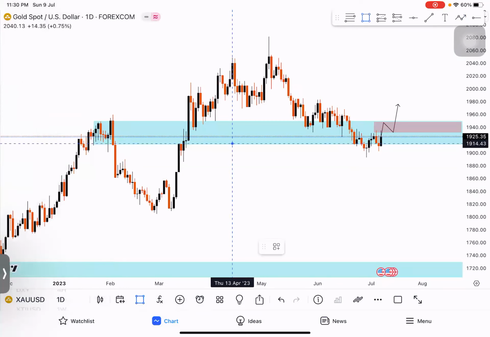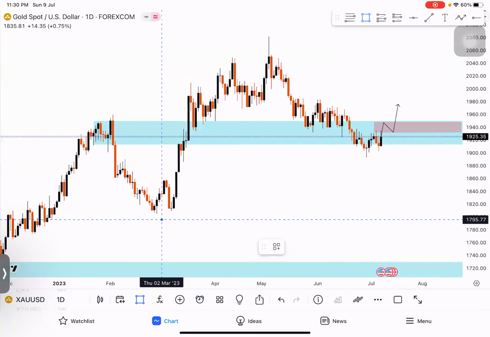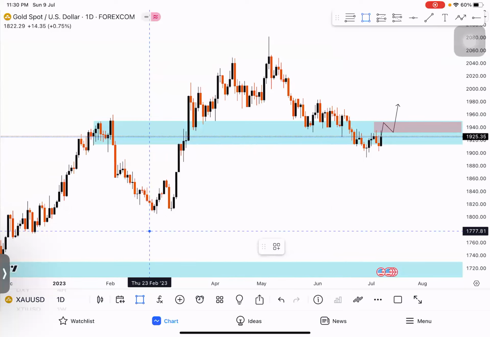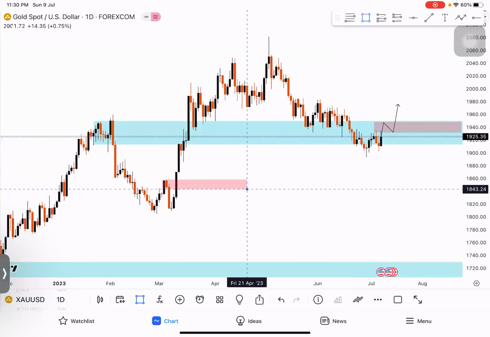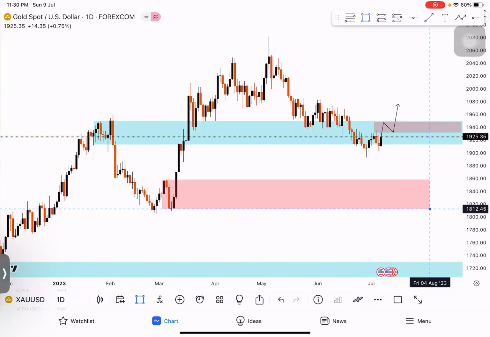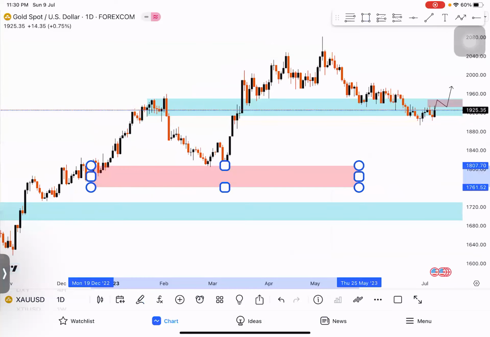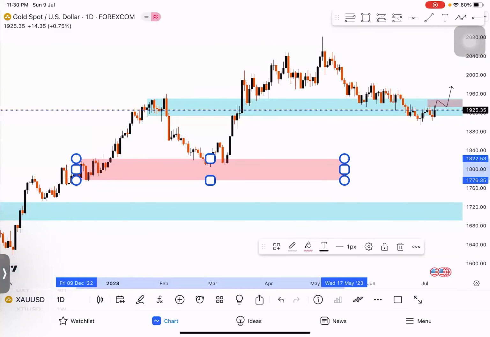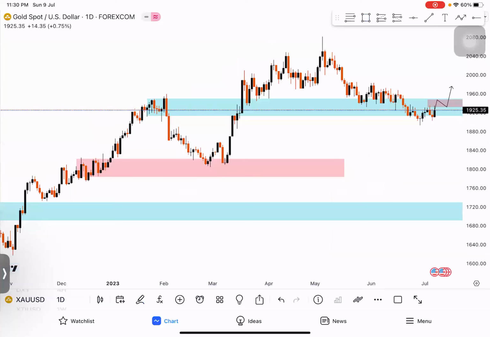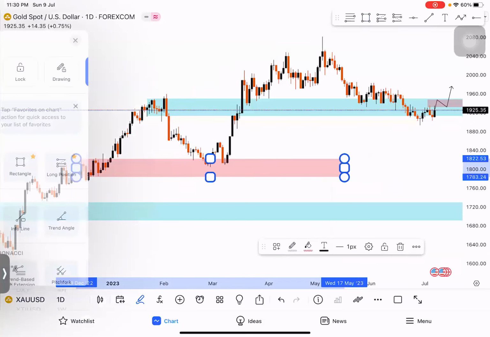Okay, for example, this one is a zone in weekly. But after it touched our weekly zone, it formed a new drop.